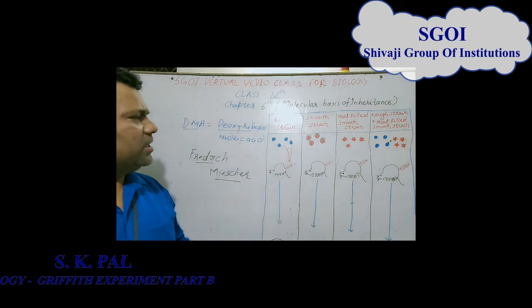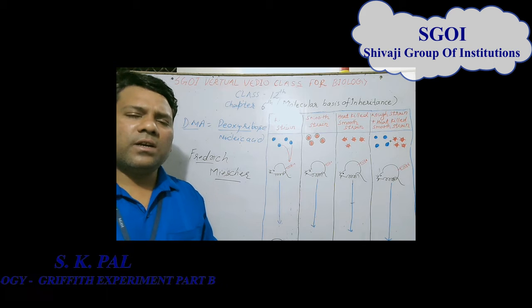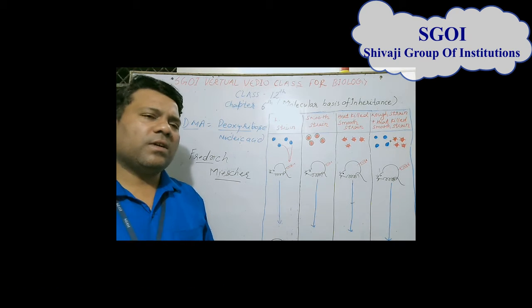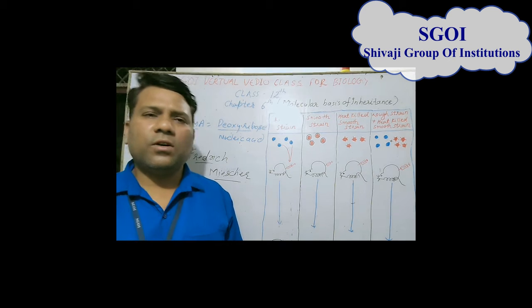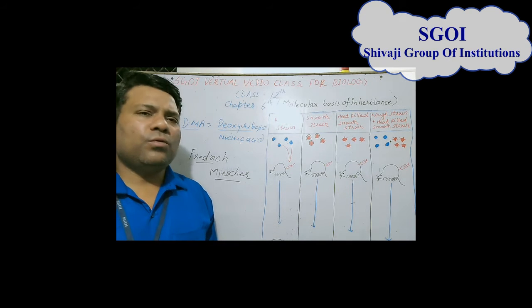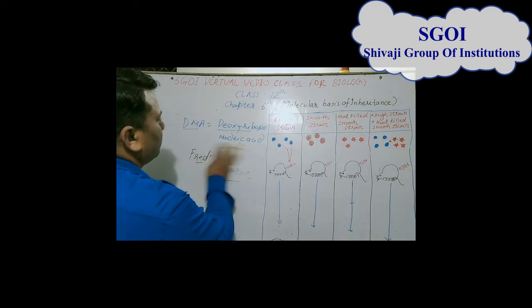But how could it be recognized that DNA is a genetic material? It is a question. To solve this question, many scientists performed experiments which show that DNA is a genetic material.